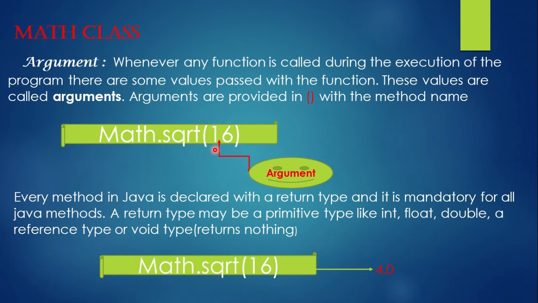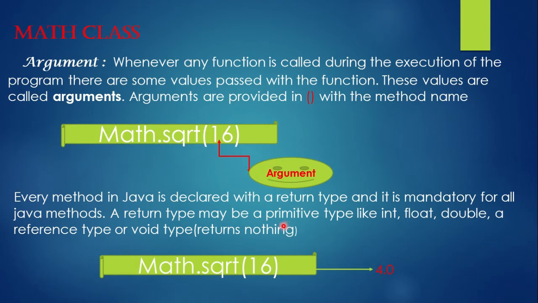Now when we give a value, after the processing, it will give back some answer. That answer is called a return value. Every method in Java is declared with a return type, and it is mandatory for all Java methods. Every function will return a value.